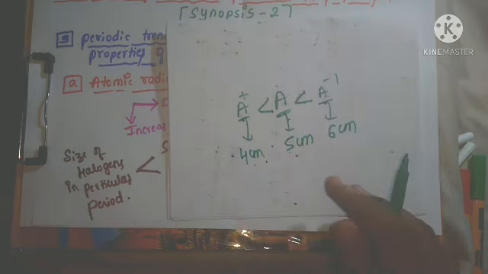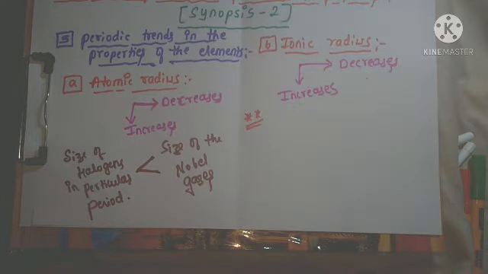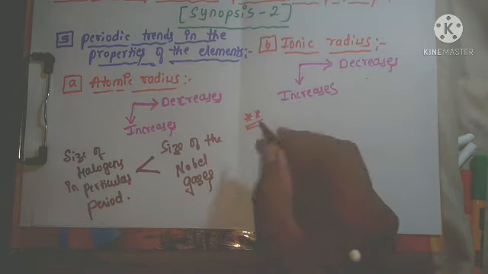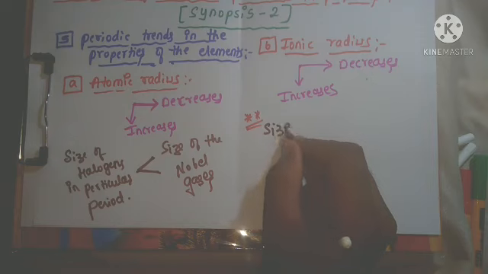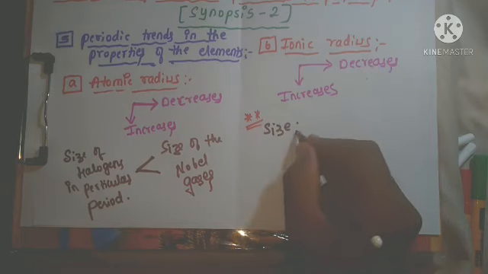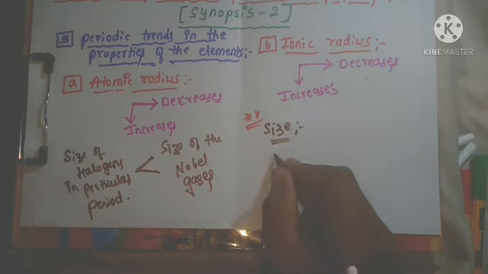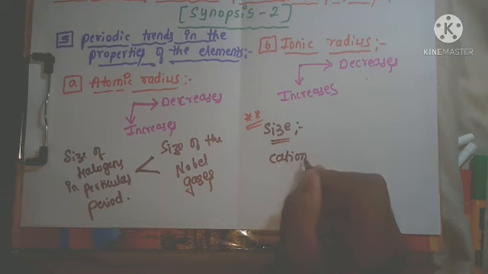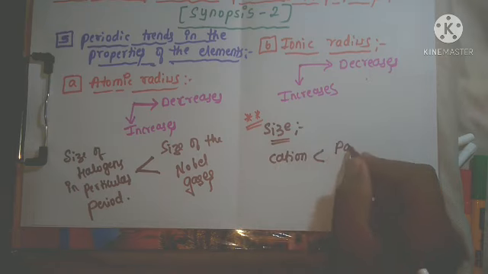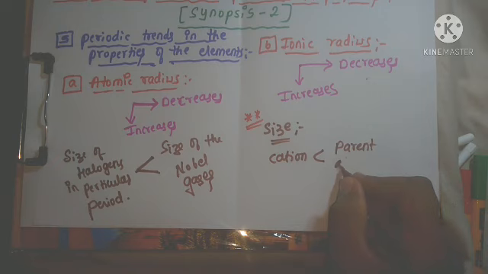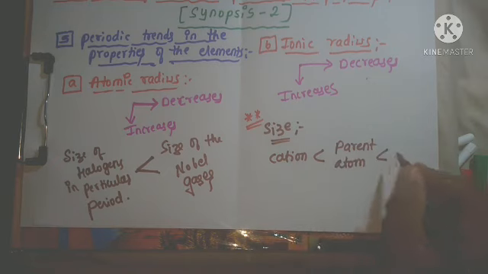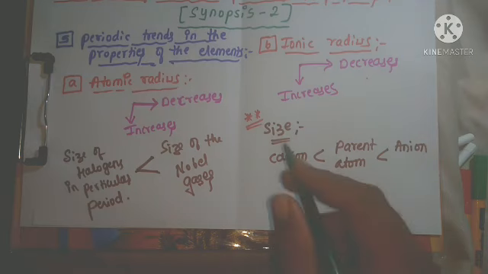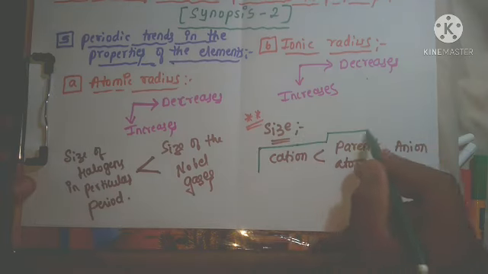That is only I am writing here. Particular point for size. For size, always cation size is smaller than that of the parent atom, and it is smaller than that of that particular anion. This is very important point, just remember.